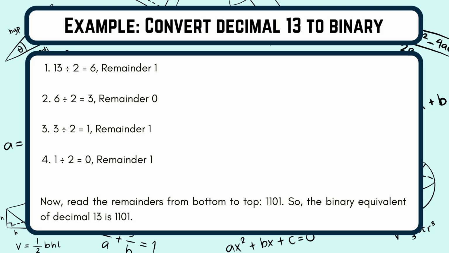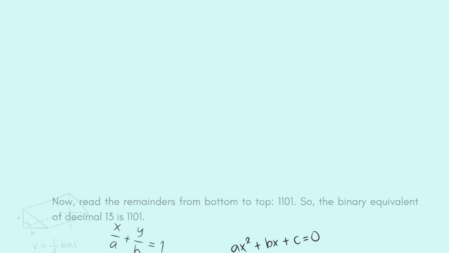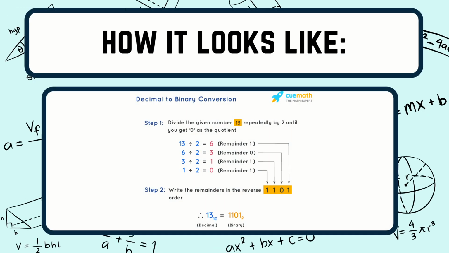So let us read it in reverse: 1, 1, 0, 1. So the binary equivalent of decimal 13 is 1101. So this is the visual, or how it looks like.